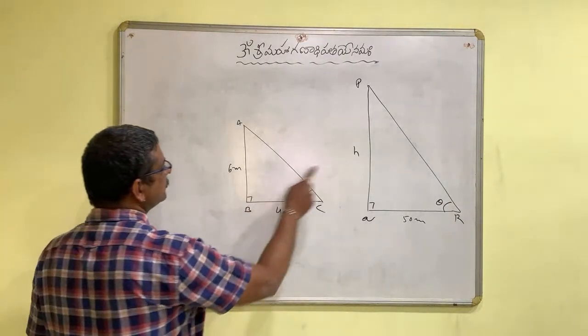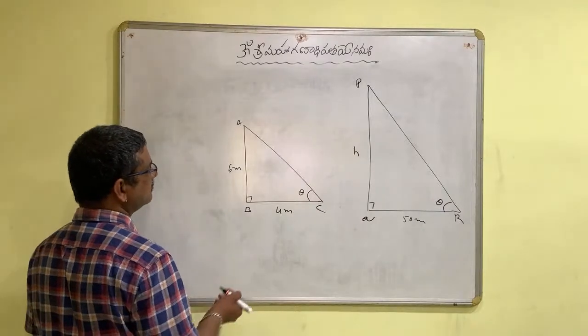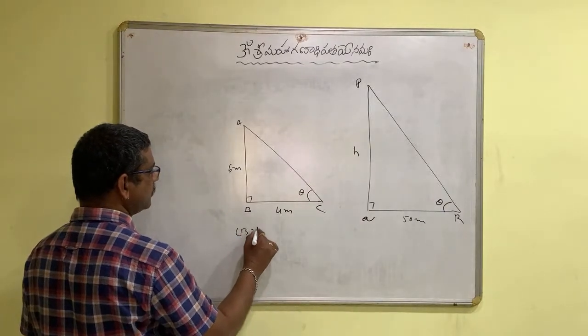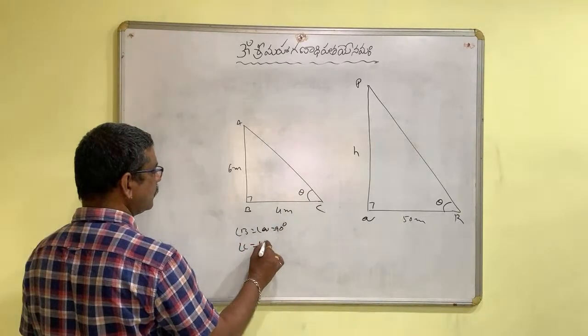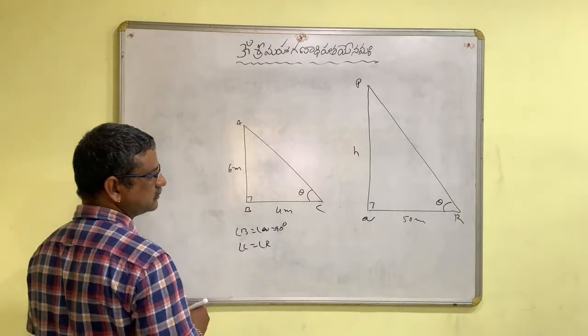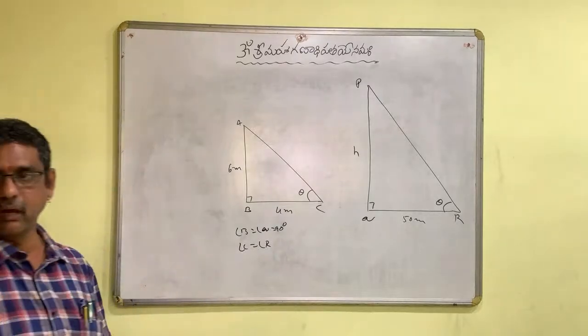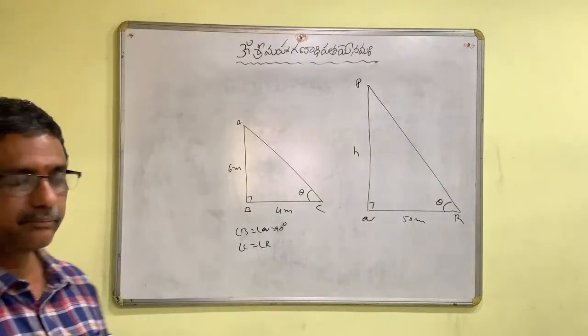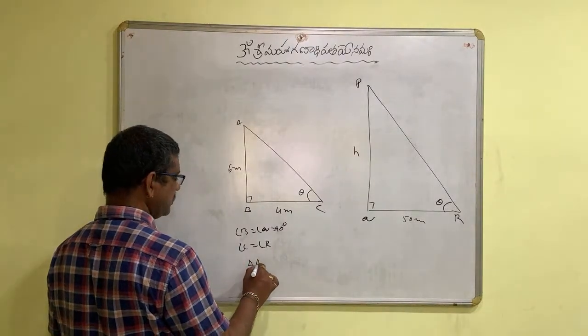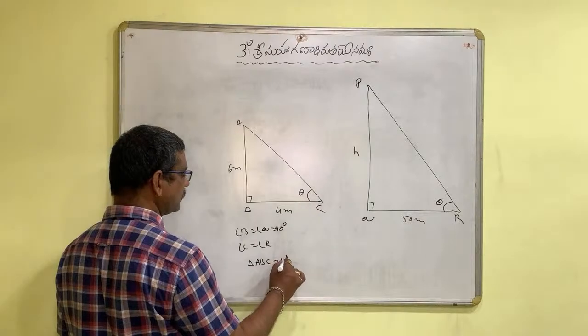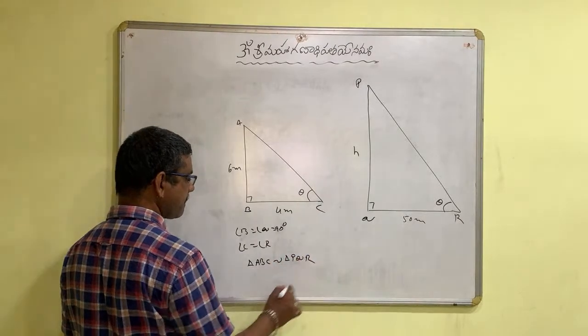Since these two triangles are similar, angle B is equal to angle Q, 90, angle C is equal to angle R, the sun's altitude at the same time. So triangle ABC is similar to triangle PQR.